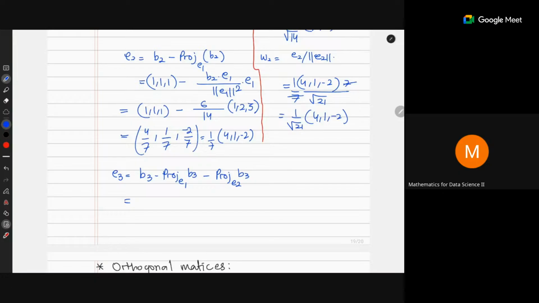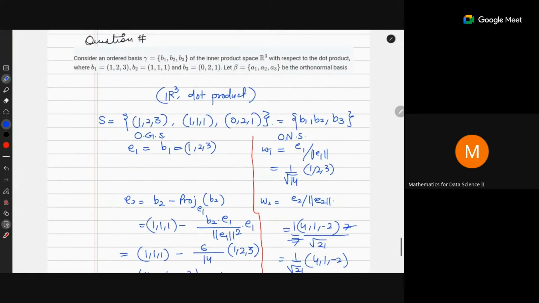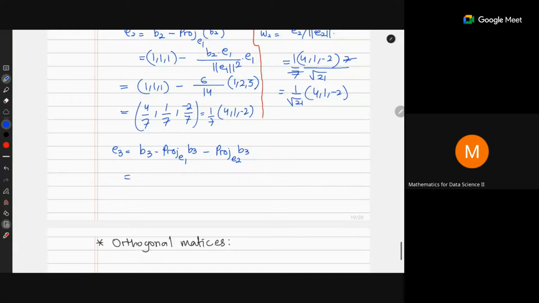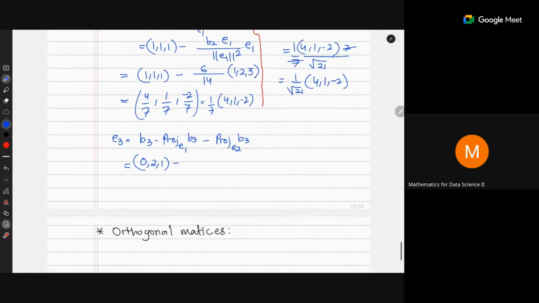B3 was 0, 2, 1. So it is B3 dot E1 divided by norm of E1 squared, times E1, minus B3 dot E2 divided by norm of E2 squared, times E2. Now what is this?